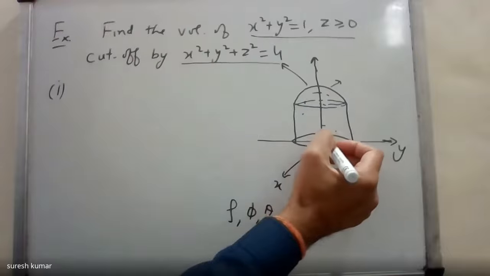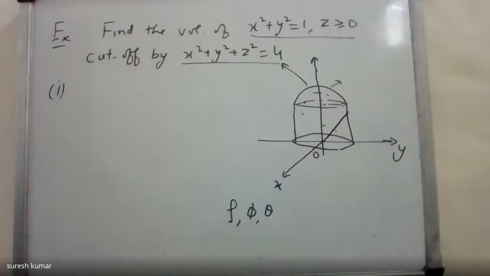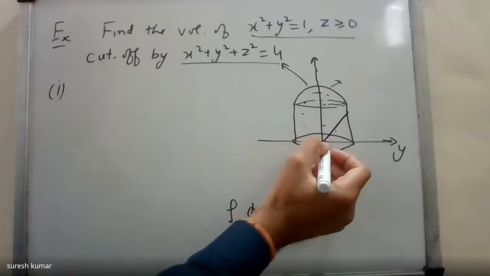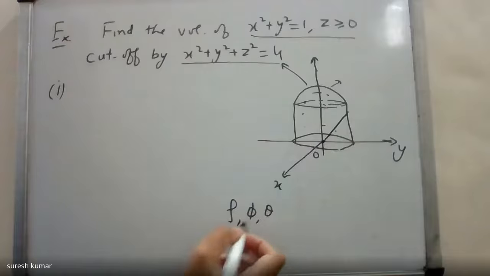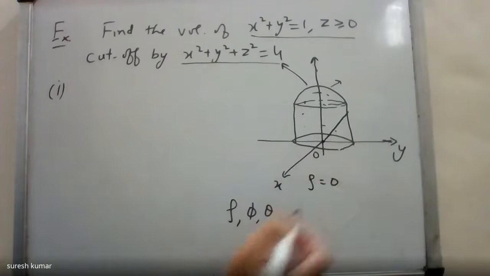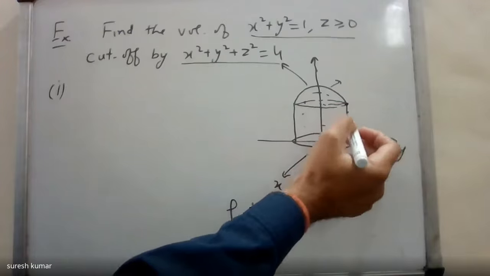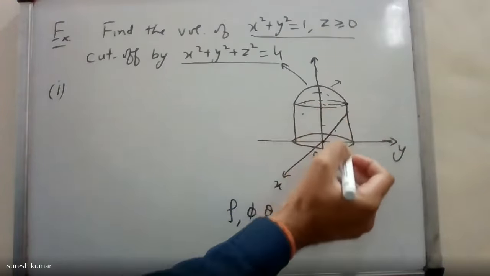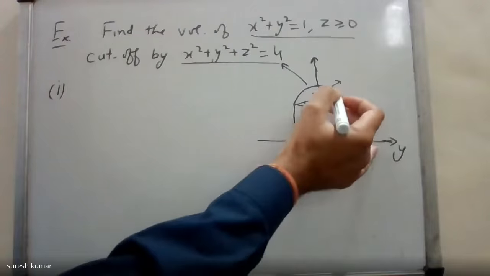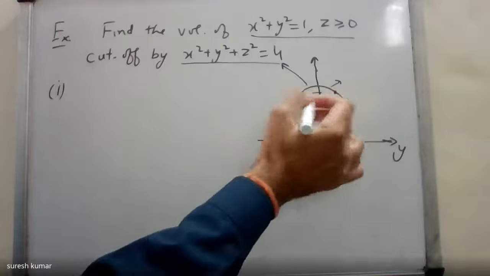Rho is the distance of points from the origin. Okay, so the line starts from rho equal to 0, but goes out of the cylinder for this part, the part between these two circles, and goes out of the sphere for this part.